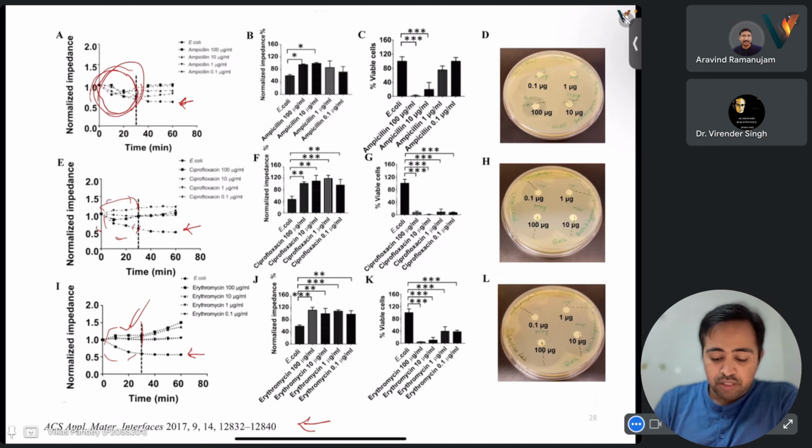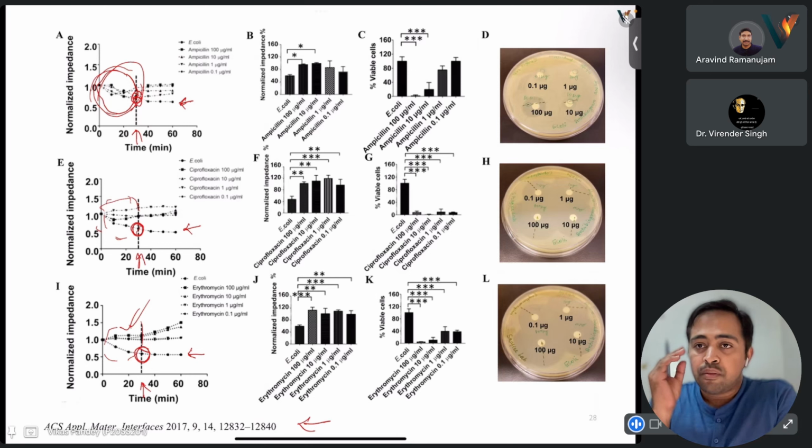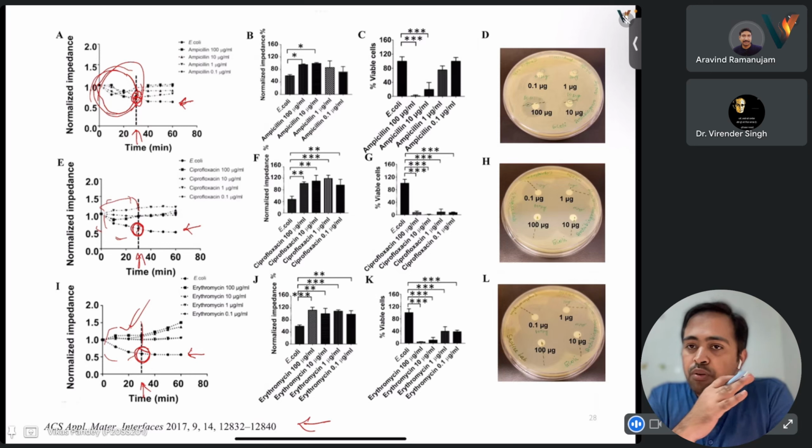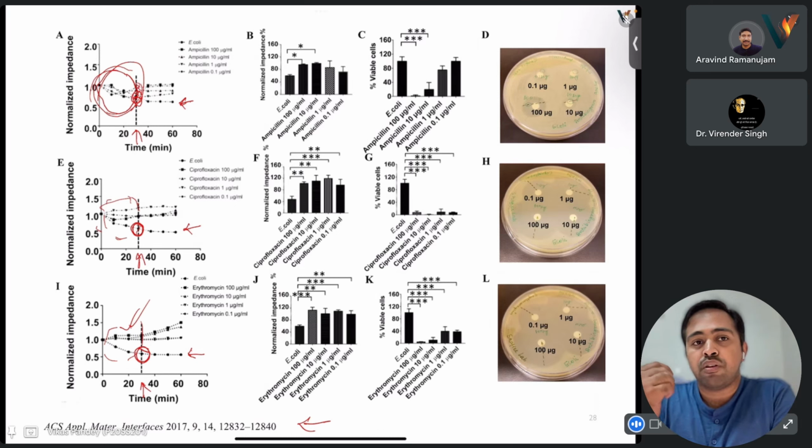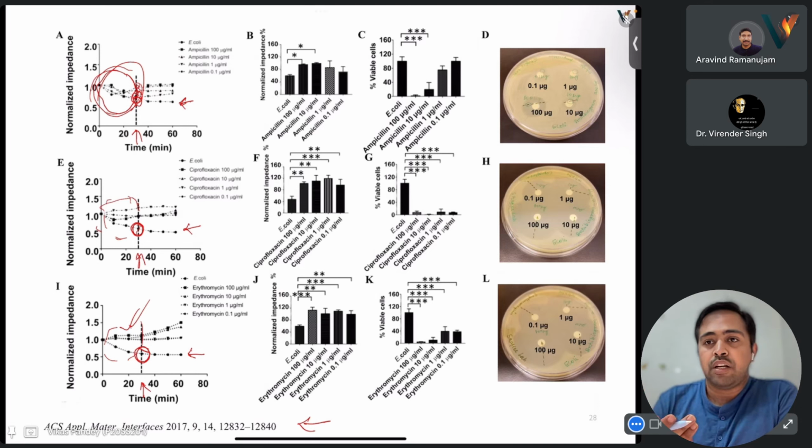And then after say 30 minutes, if you observe for all of them, you see this is what should have been the correct impedance if the cells were perfectly alive, growing normally. But what happens is that we find that the impedance is more. That means we have fewer cells or bacteria than expected.